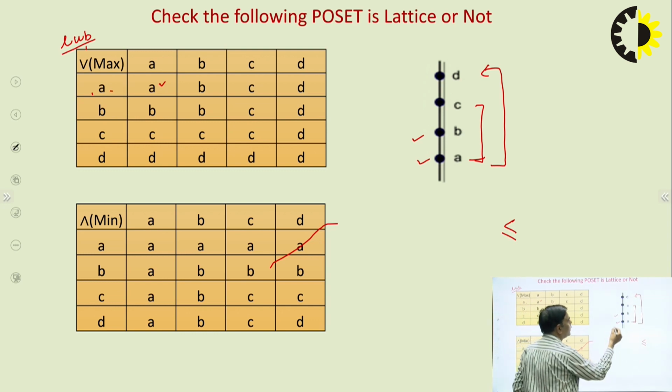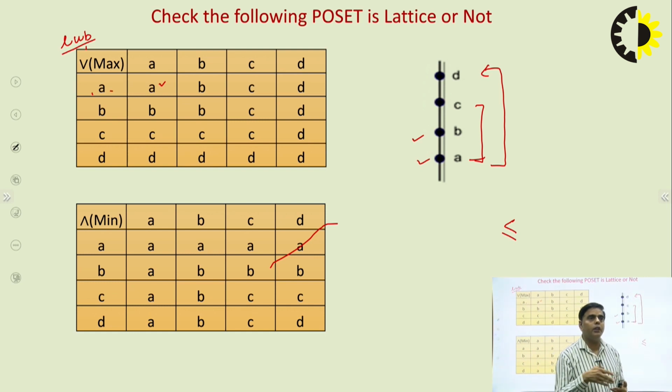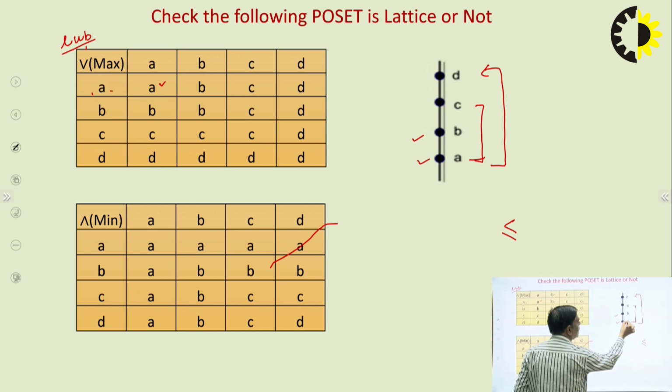So suppose we are comparing A comma A. If we are comparing with the same element, then it is not required to find out the maximum and minimum. It will be the same. A is the maximum and A will be the minimum.